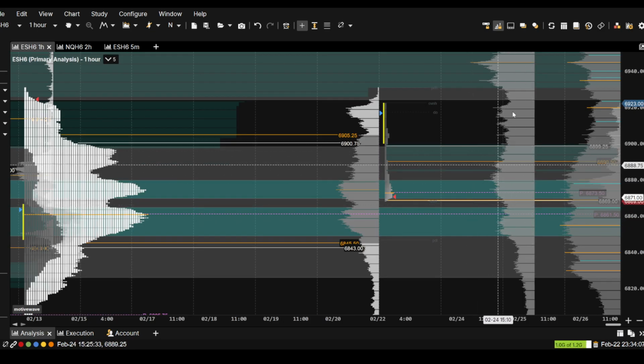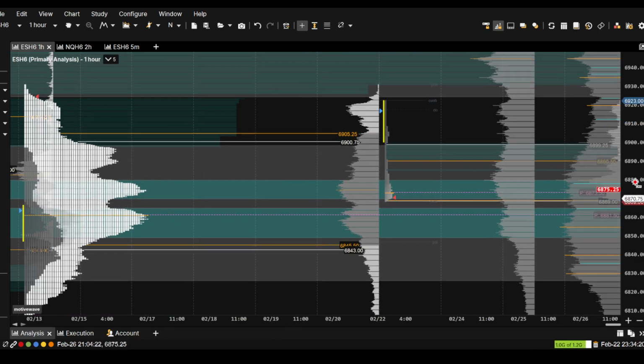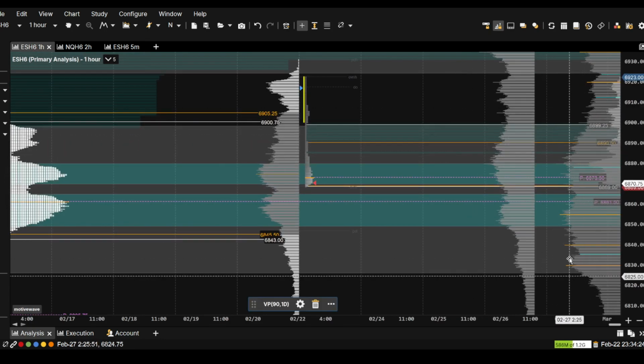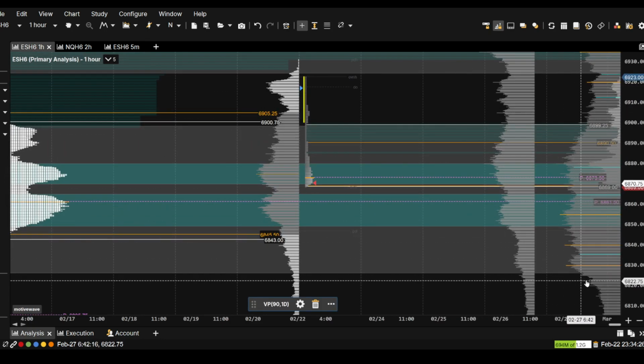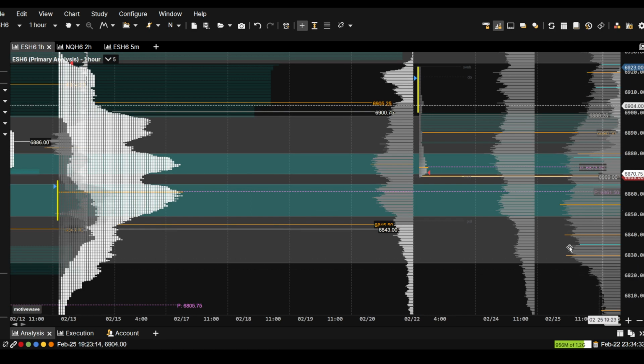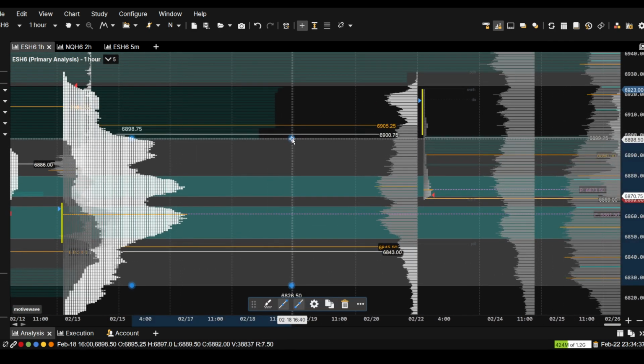Please see here, 13 days composite, the composite volume profile of this time price opportunity, and 19 days composite volume profile. See this. This is the edge of the high volume node area, and this is the other edge.